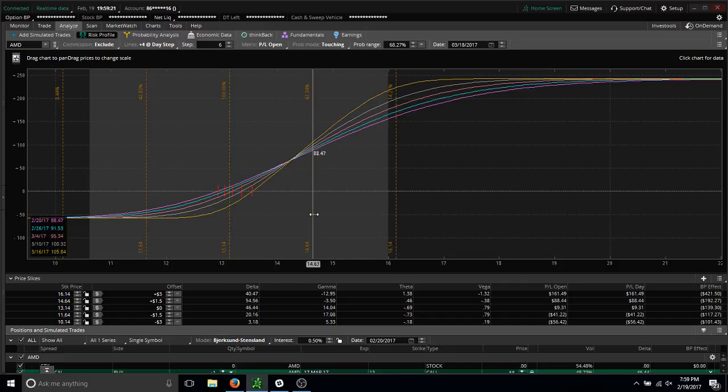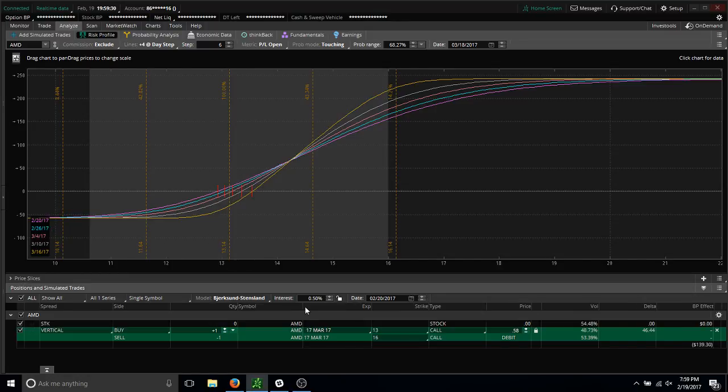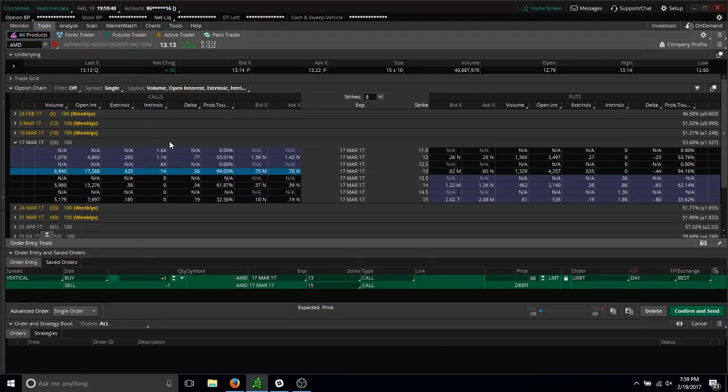So this is about our expected move. Let's say we double it, it'll be to here. So we can see with this higher spread of 13 and 16, actually let's do, I think we can do a concurrent here and see how the difference is.